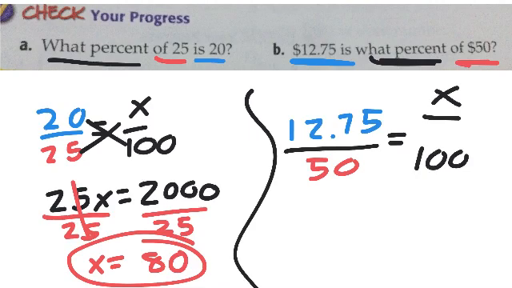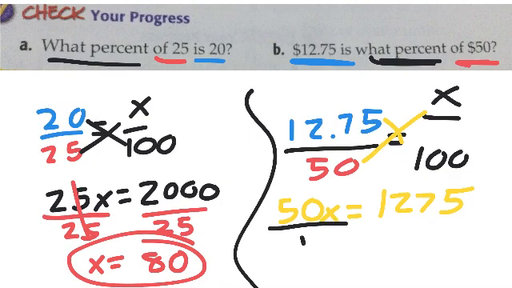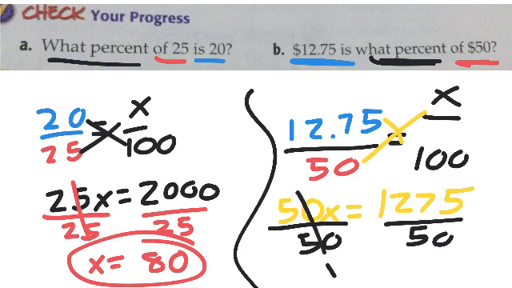Now again, fraction equal to a fraction, cross multiply. 50 times x is 50x. 100 times 12.75 is going to be 1,275. x is multiplied by 50, so I divide by 50. That's going to tell me x is equal to, let me get my calculator here, I should have been able to do that.